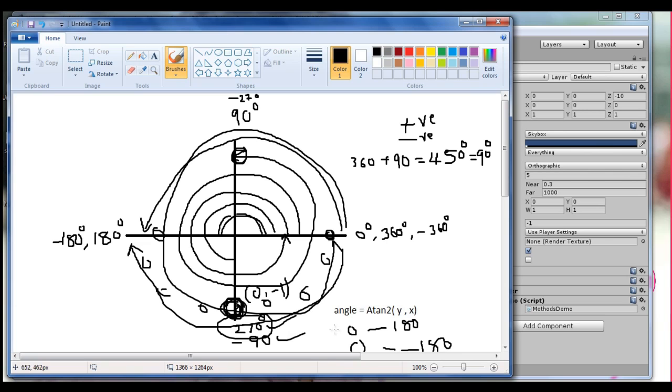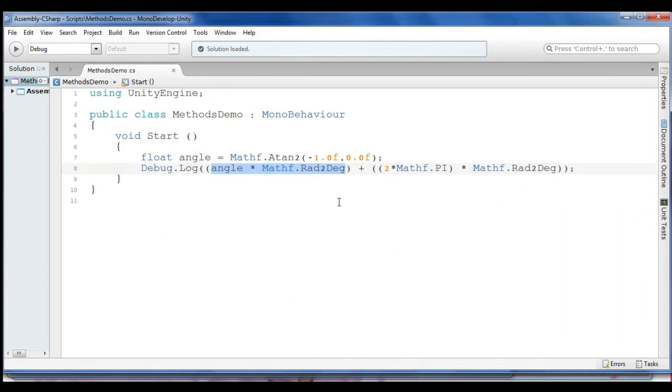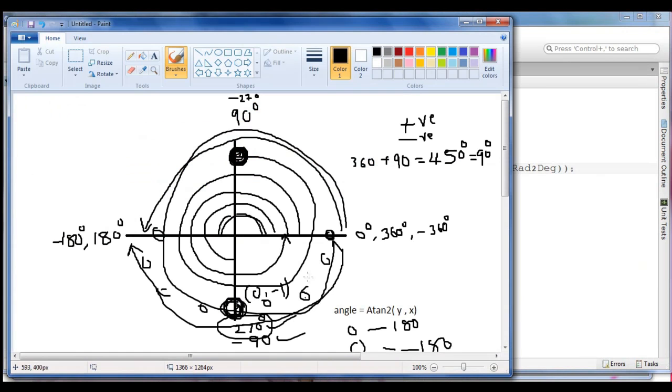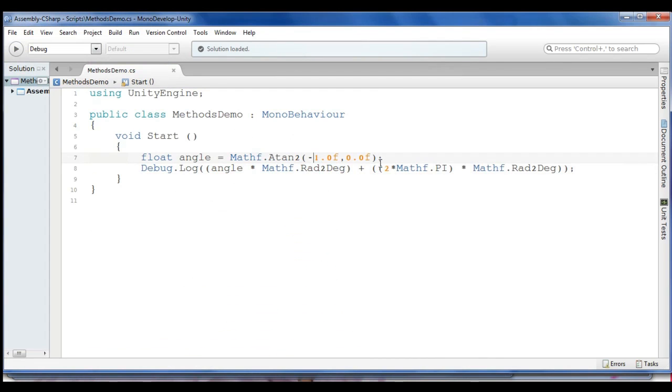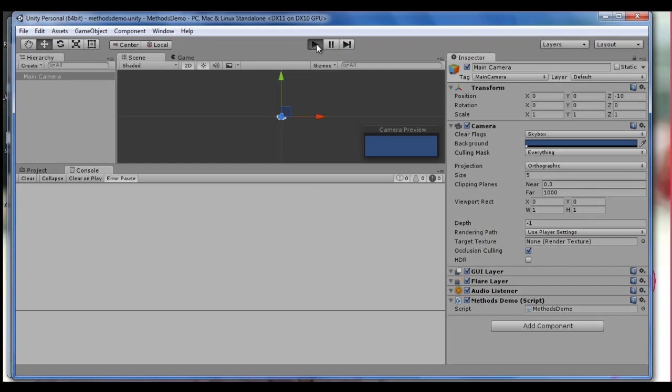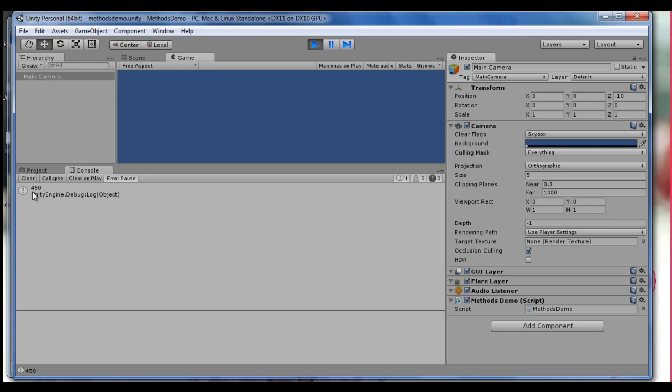Let us take an example: if the object is in this place, according to our formula, what do we get? If the object is in that place, what will be x? X will be 0, y will be 1. So we pass 1 for y and 0 for x. Let us save and run and check what output we get. You see that you got 450 degrees.